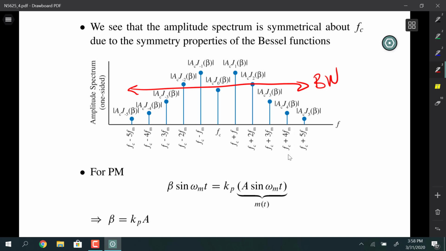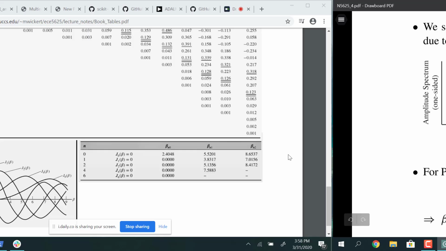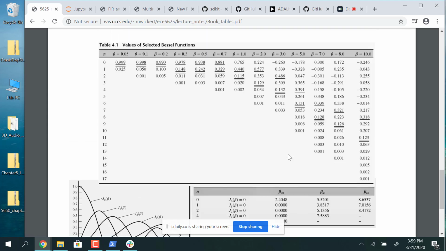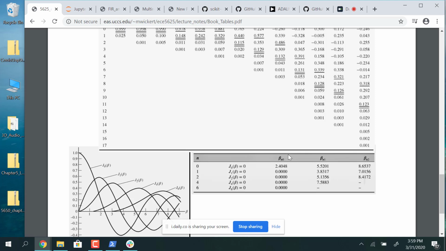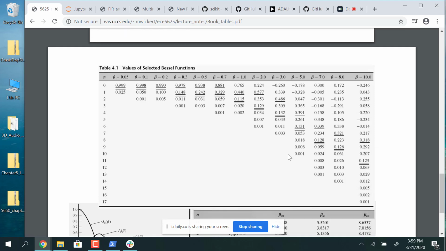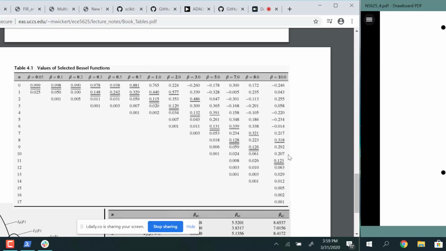So we're going to look for a definition that is going to give us a containment bandwidth of around, if we go back over here to our table, these single and double underlines refer to the containment bandwidth.